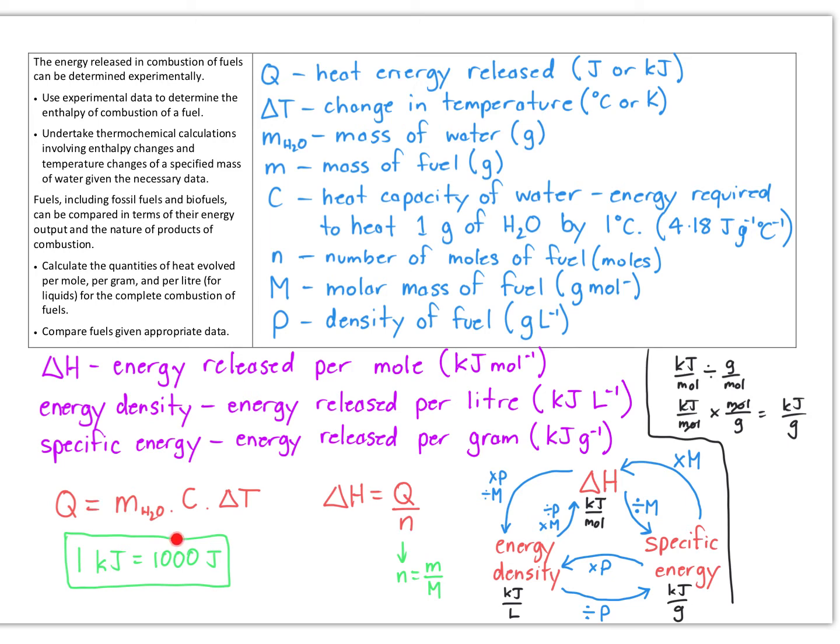Usually we will convert that energy into kilojoules. 1 kilojoule equals 1,000 joules, so if you work this out in joules, then you need to divide by 1,000 to convert it into kilojoules. Then once we have the heat released, we can work out the enthalpy. The enthalpy, delta H, is equal to the heat released divided by the number of moles, and as I said before, the number of moles is mass divided by molar mass.